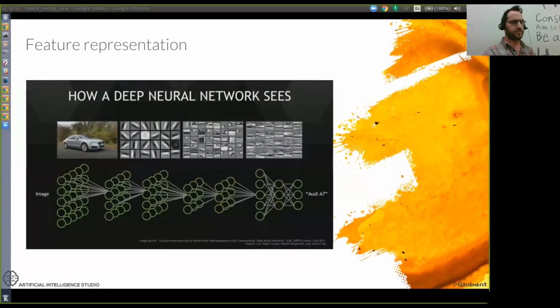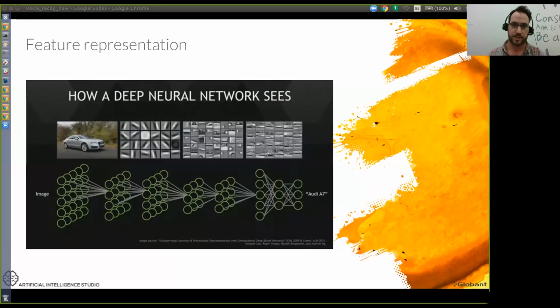Something that neural networks are capable of is making their own feature engineering. And I'm going to explain this using convolutional neural networks because it's easier to get the intuition for that. So deep neural networks are neural networks with many layers.